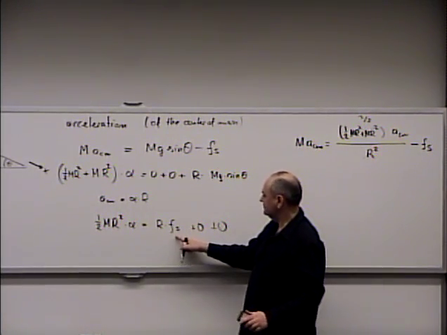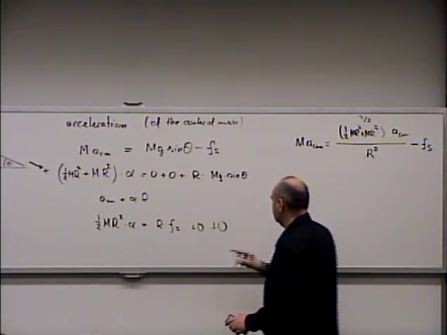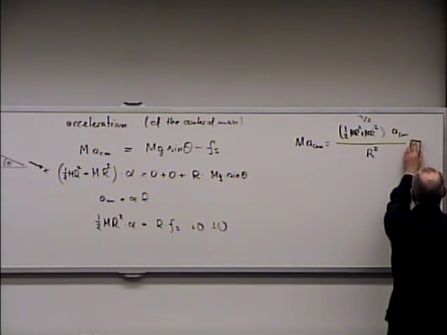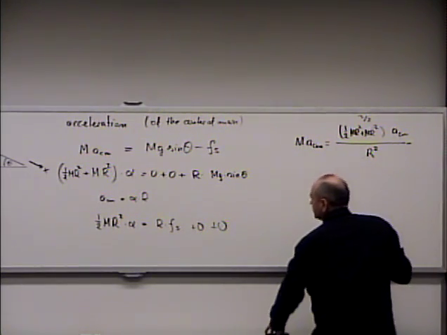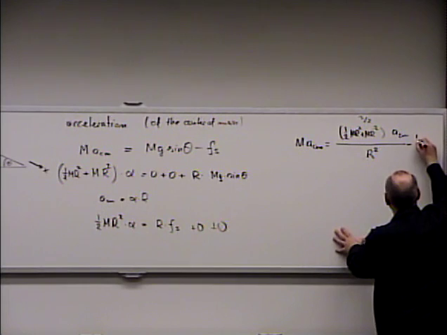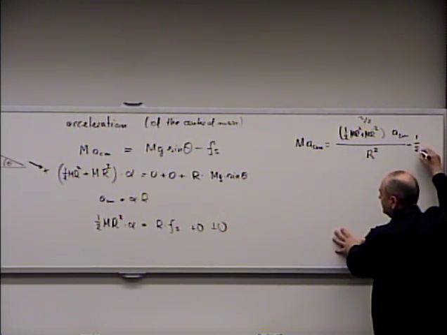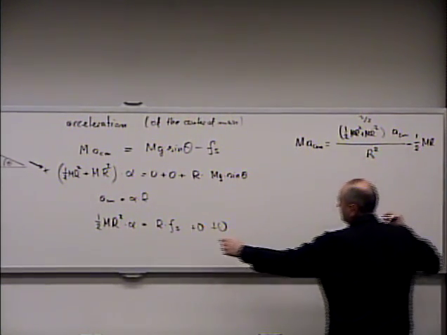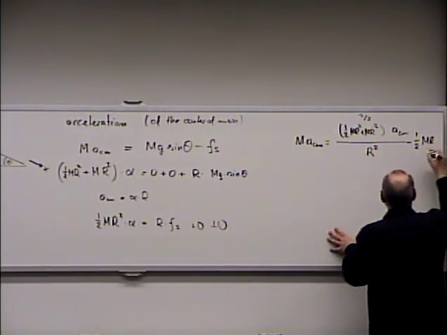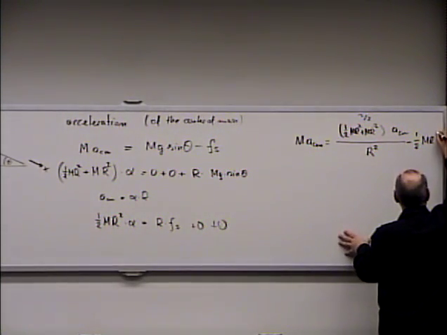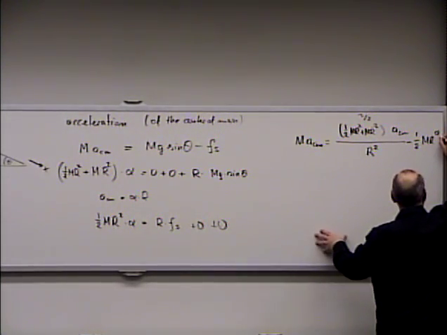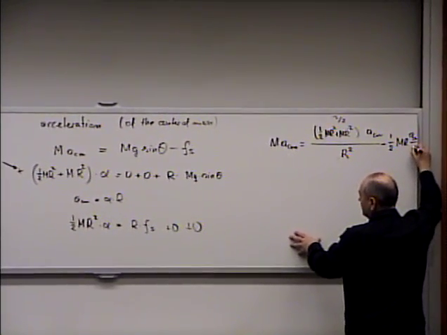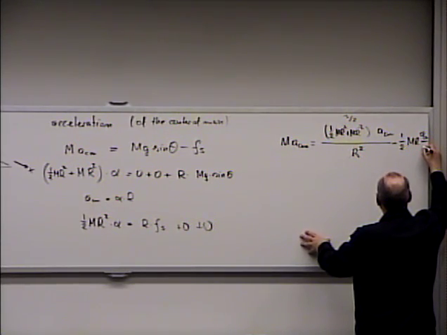From that one, over here I have that this is going to be equal to 1/2 mr, and I cancel with this r, and the angular acceleration is divided by.